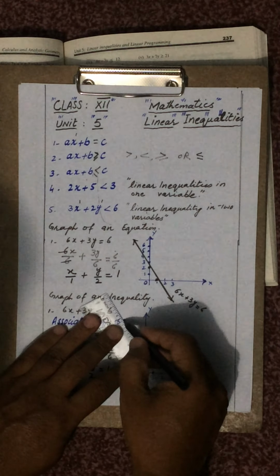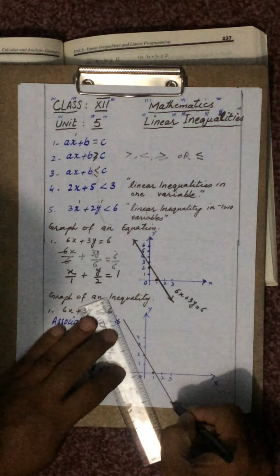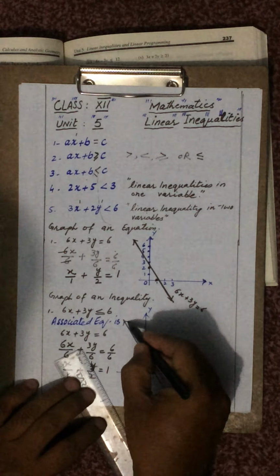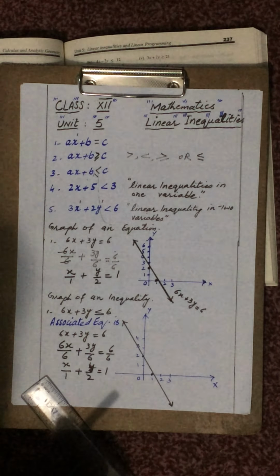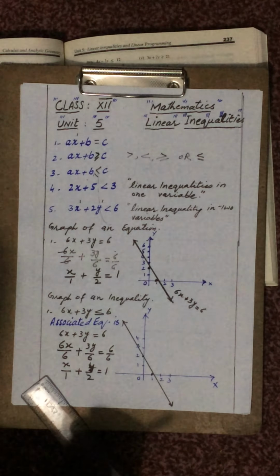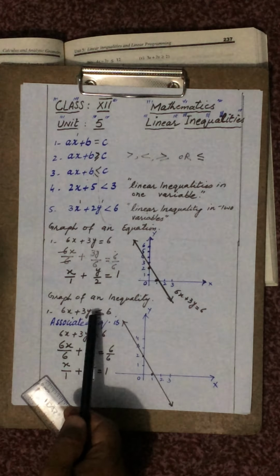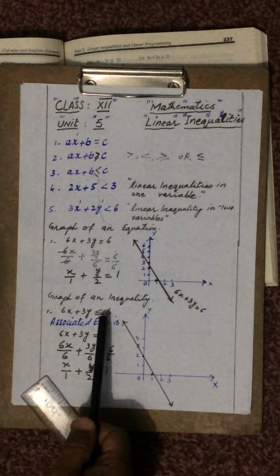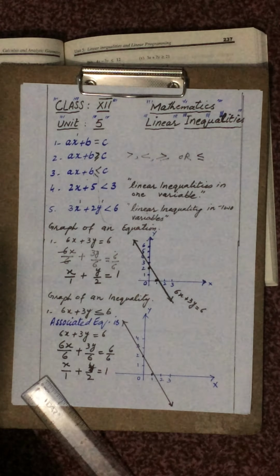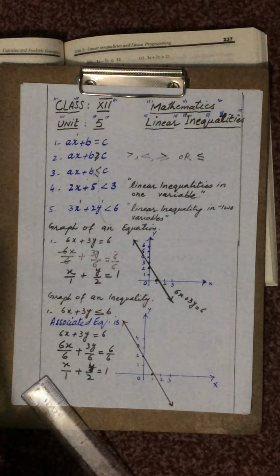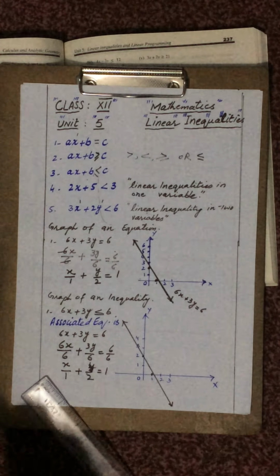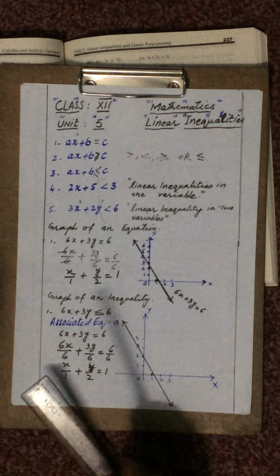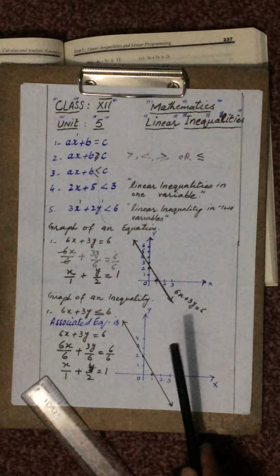This is the graph of the equation, not the inequality. But we are required to draw the graph of the inequality. Actually, the graph of the inequality is the half plane related to this equation. So what does half plane mean?